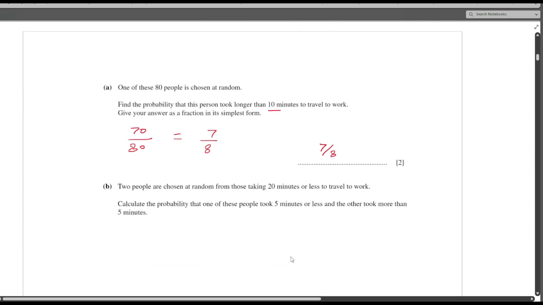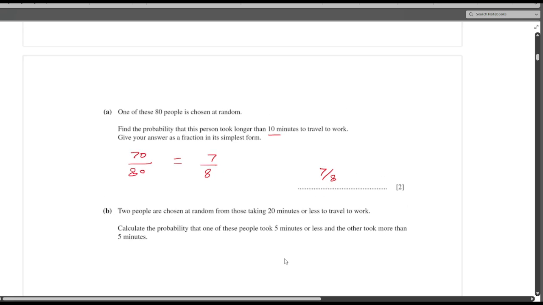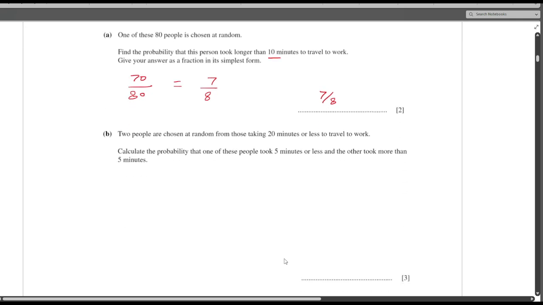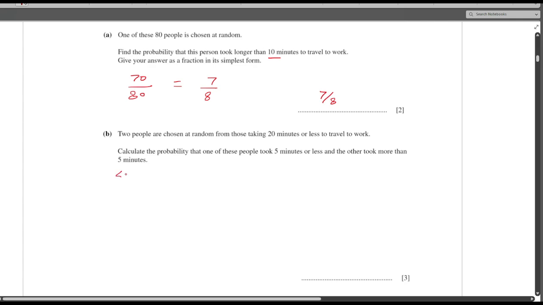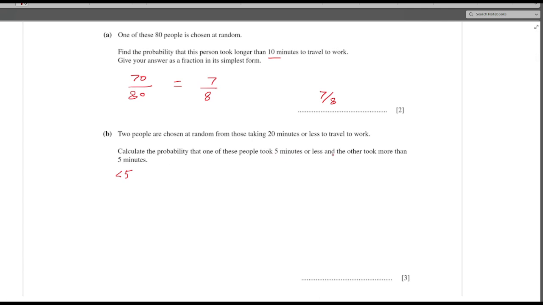Now the question is, calculate the probability that one of these people took 5 minutes or less and the other took more than 5 minutes. So for the first person, you have to condition whether you are taking 5 minutes or less. So I will say 5 or less. Calculate the probability that one of these people took 5 minutes or less.